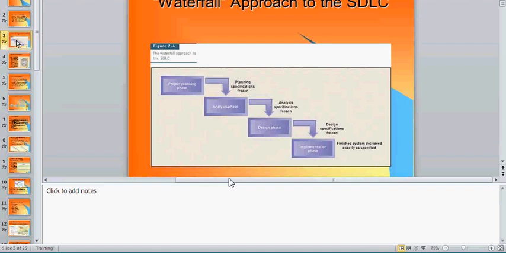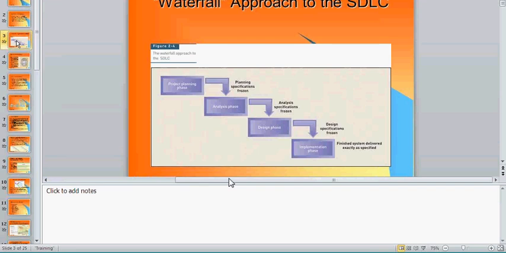All right? Now again, another variation: some companies will have a very small design phase, and then development, testing, and operations and maintenance are all combined into the implementation phase. Yet other companies will have design, development, and testing in the design phase, and just deployment and operations and maintenance in the implementation phase.